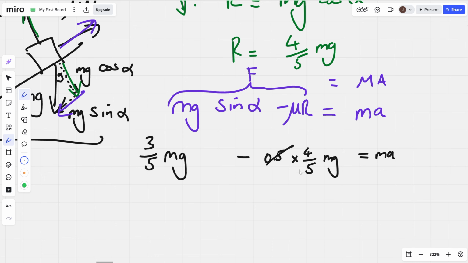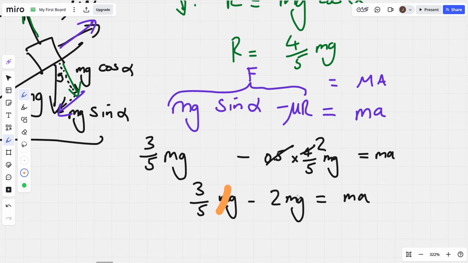A half of 4/5 is 2/5. So can you see it yet? I wonder. 3/5 mg minus 2/5 mg is equal to ma. So you end up in a situation where they've all got m in them. So it doesn't actually matter what m is, you can still work it out. You can cross all of those out there. So a is 3/5 g take away 2/5 g, which gives you 0.2g.